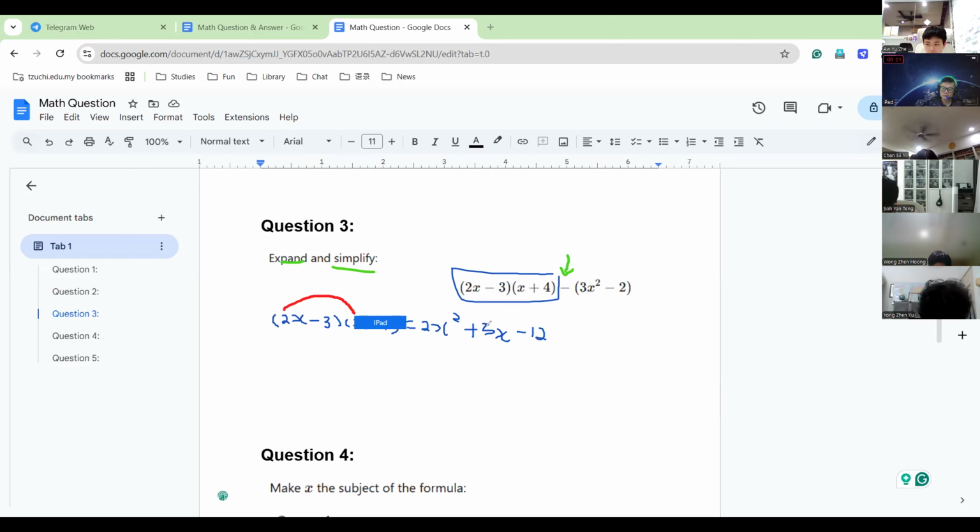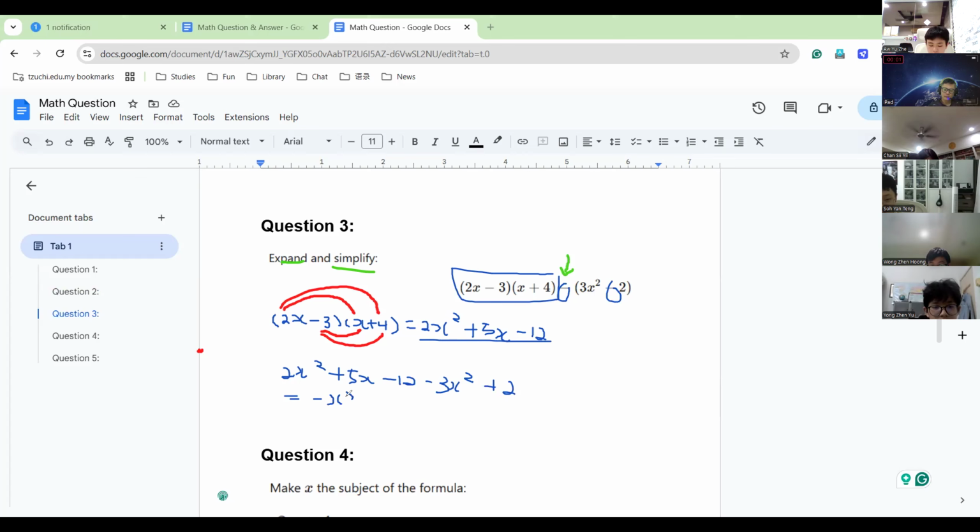And then use this one to subtract 3x squared minus 2, which will write like this. The one need to be careful is that here's a minus sign and then together with here, so it becomes plus 2. And then combine like terms will become negative x squared plus 5x minus 10.